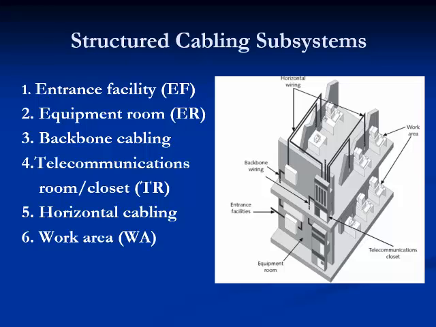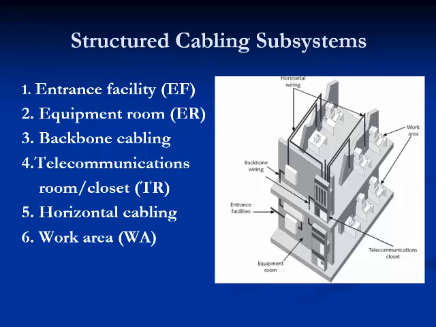It also identifies the main cross-connect, or MCs, intermediate cross-connects, ICs, mechanical terminations, patch cords or jumpers, and horizontal cross-connects. The telecommunication room is the next subsystem, or also called the telecommunication closet, and this is where the horizontal distribution cables are terminated and cross-connected with the backbone cables.